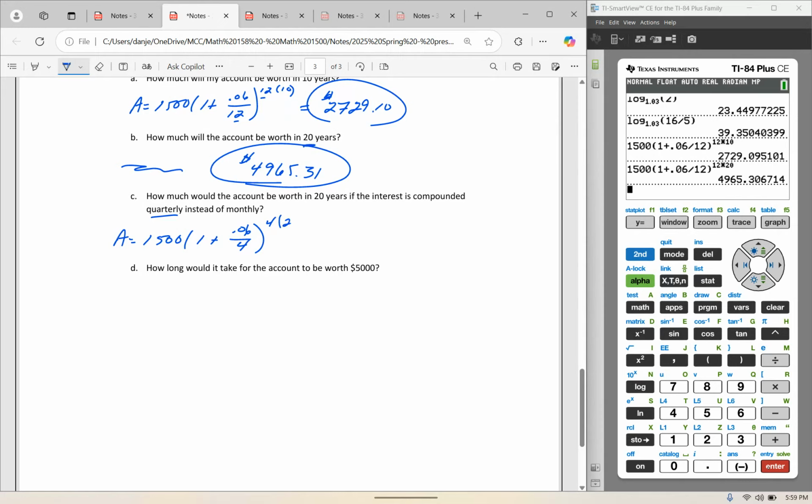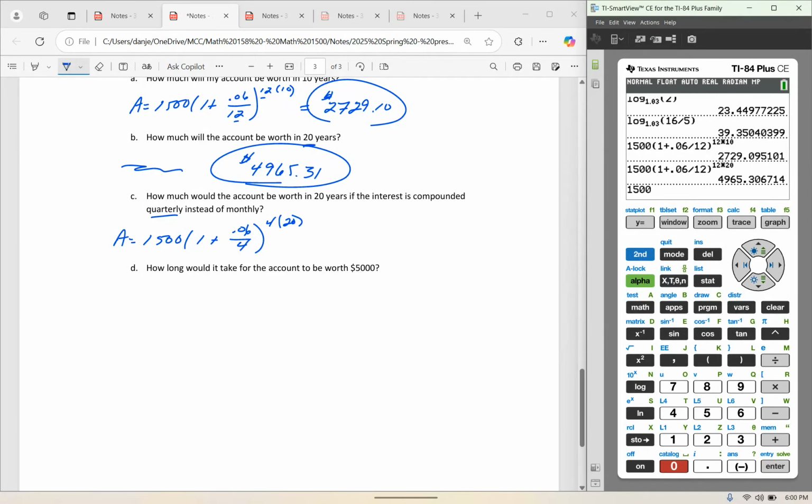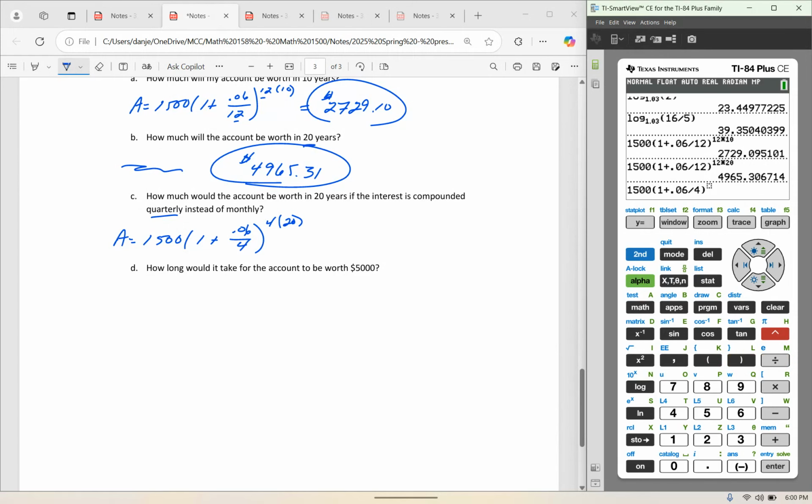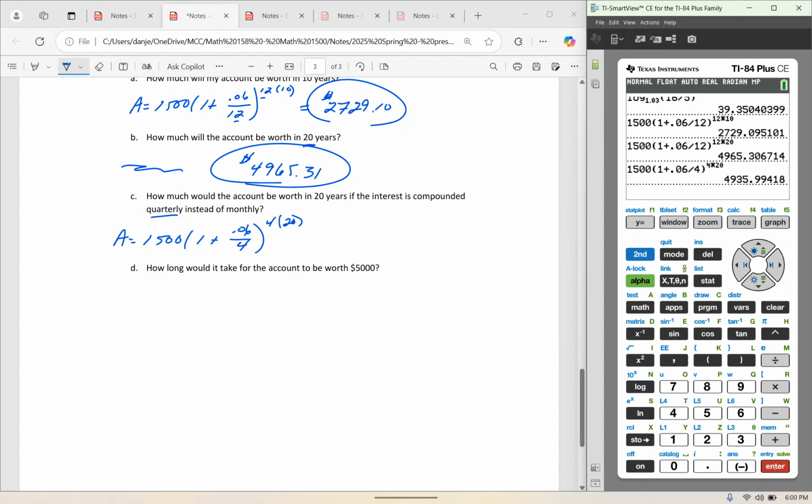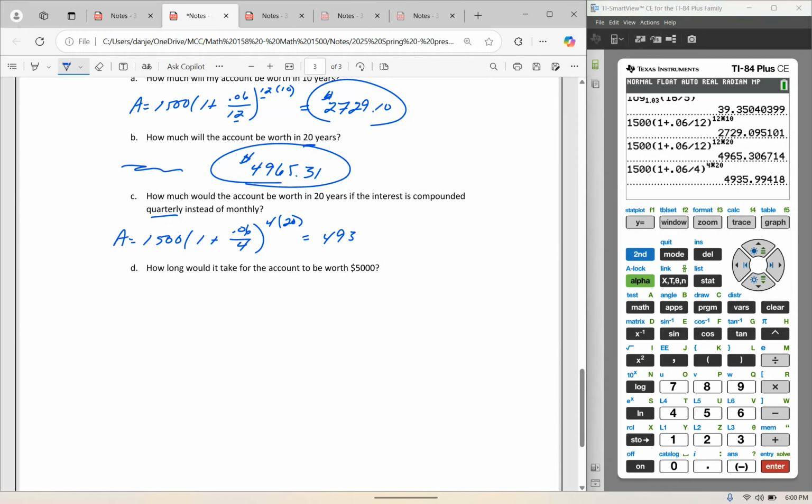So that's going to be 4 times 20, because it's 4 quarters for 20 years. So 1,500 times 1 plus 0.06 divided by 4, to the 4 times 20th power, and that would be $4,935.99.